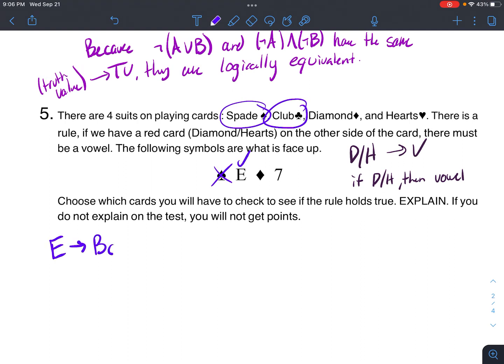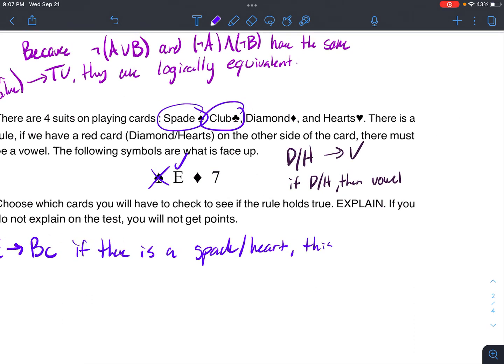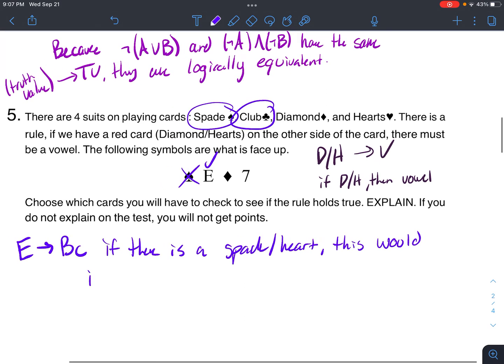So E, because if there is a spade or club, this would invalidate our conditional statement.